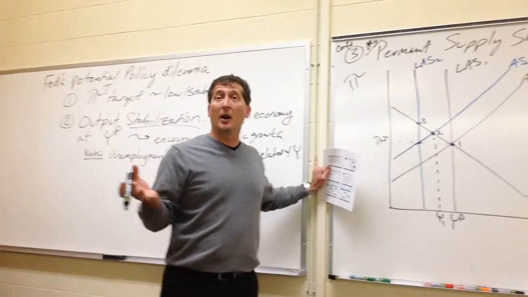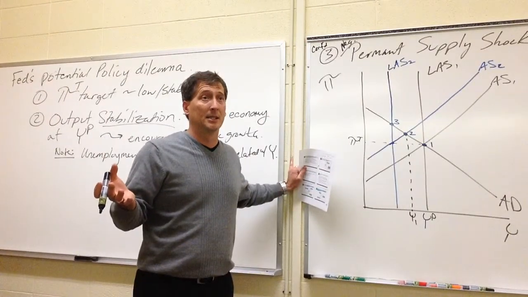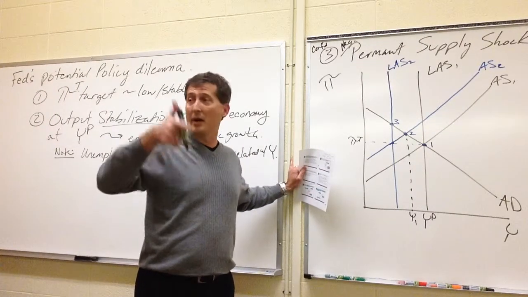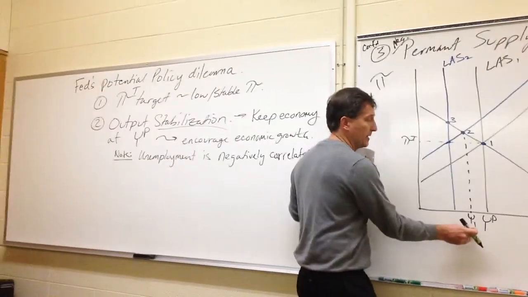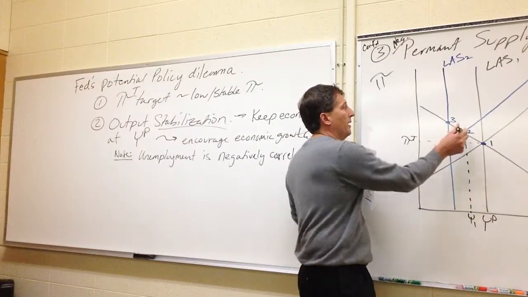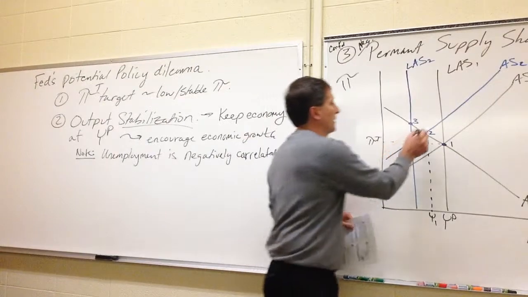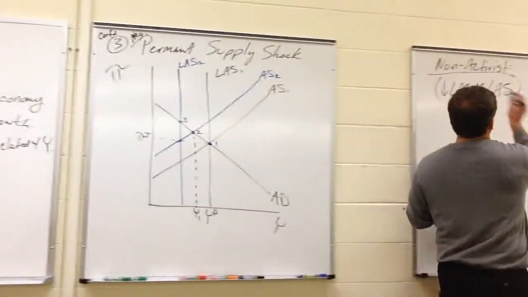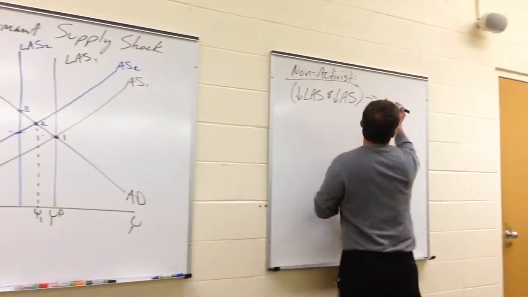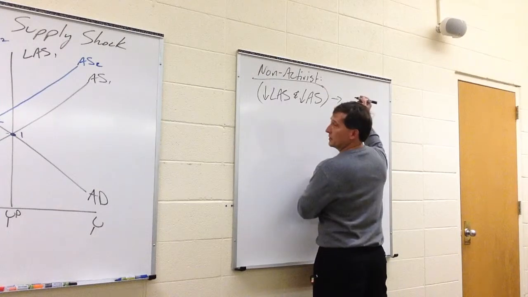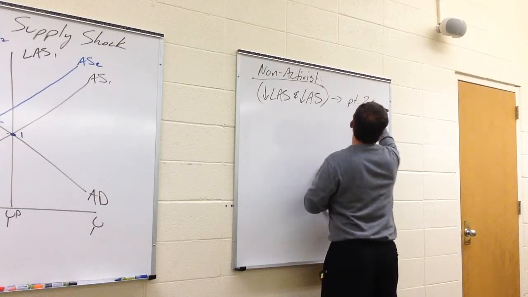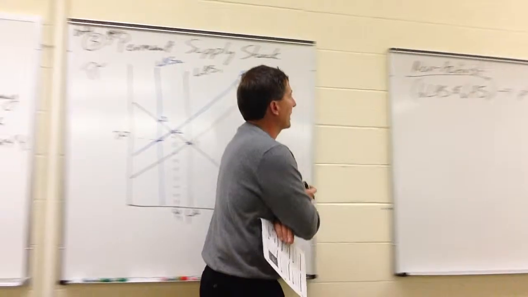So what's happening to unemployment? Unemployment's going up, right? So real GDP is falling, unemployment's going up, and here is our point 2. So with the non-activists, we get a movement to point 2, let's just call it. That captures some of that.